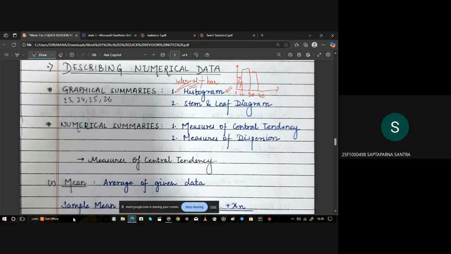Exactly, this is correct. In the stem part we represent the tens unit, that is 2, and in the leaf part, the part that varies, we use 3, 4, 5, and 6.